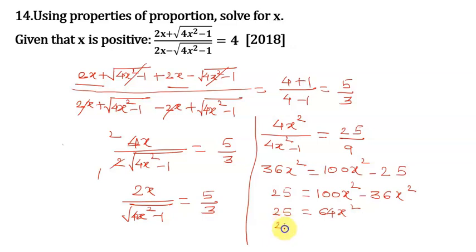Therefore 25 upon 64 is equal to x square. Taking square root on both sides, it implies that x is equal to plus or minus 5 upon 8. But x is positive, and hence x is equal to 5 upon 8, and this is the answer. Okay, because it is given that x is positive.